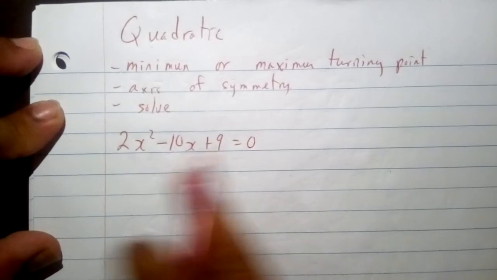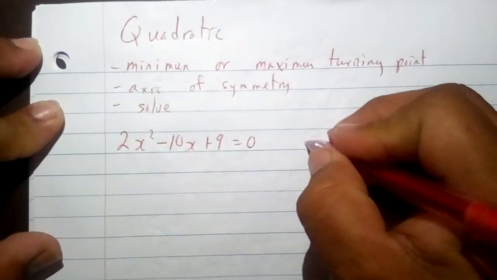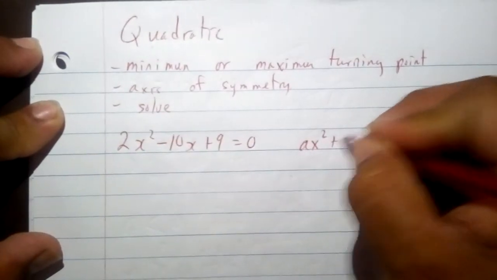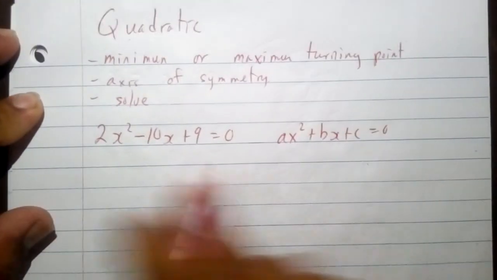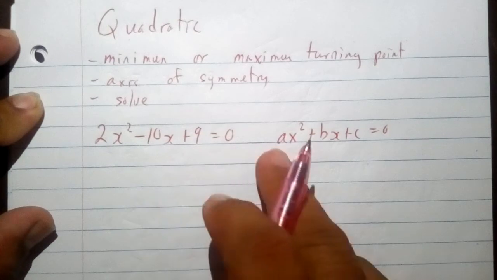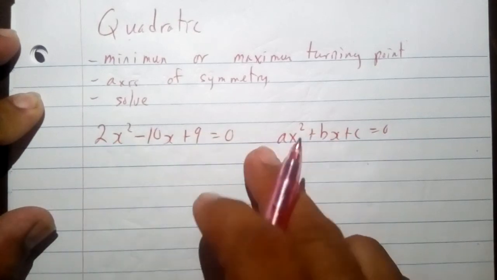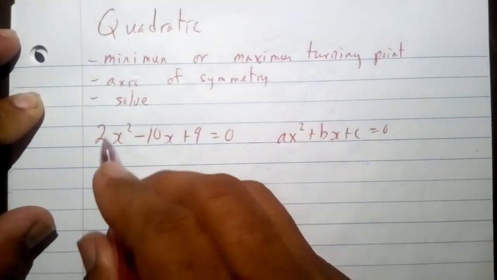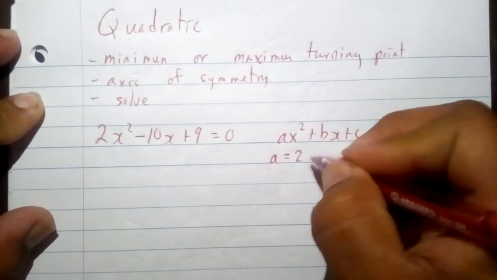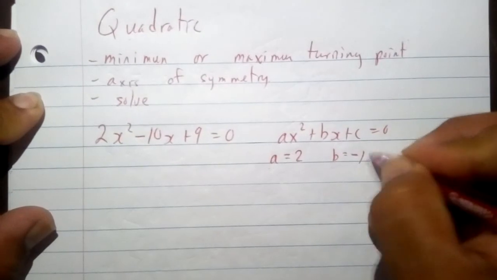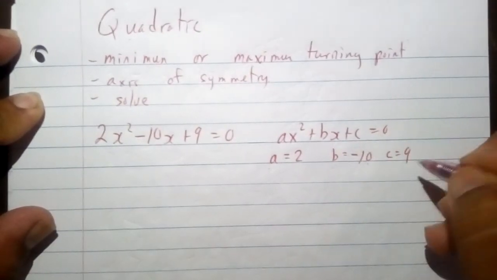We know that this equation is in the form of ax squared plus bx plus c equals 0. Each one of these values here can be replaced by a letter. So in other words, in this case, a is equal to 2, b is equal to -10, and c is equal to 9.